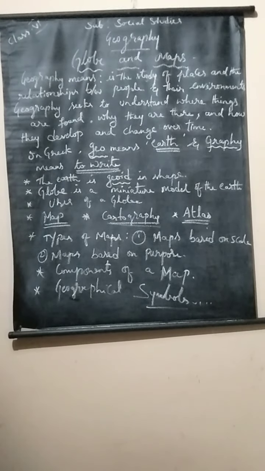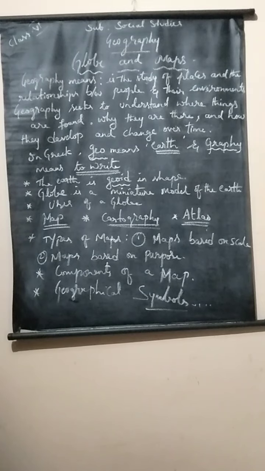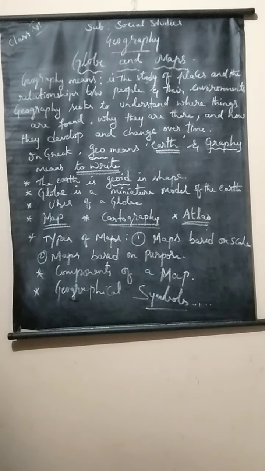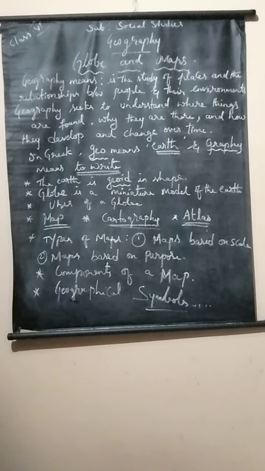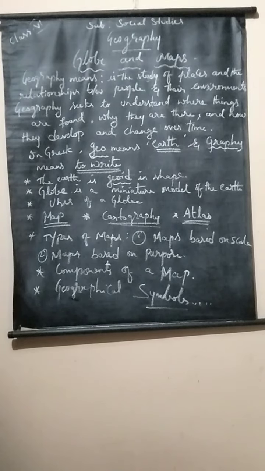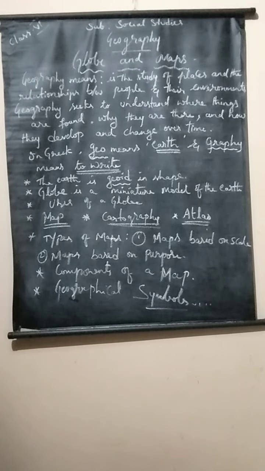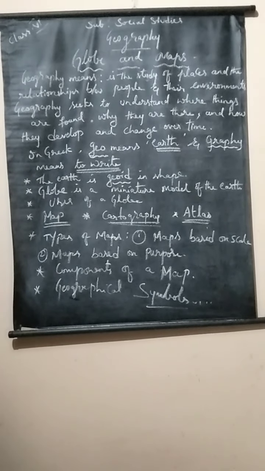Components of a map. The basic components of a good map are title, scale, latitudes and longitudes, direction and index. These are the components of a map. Okay, title.